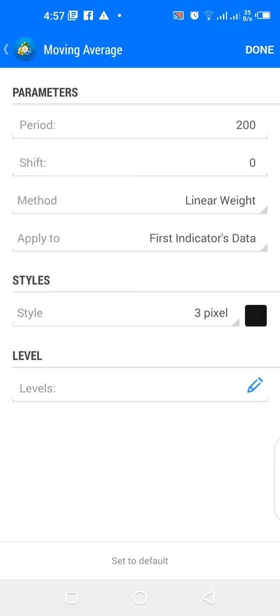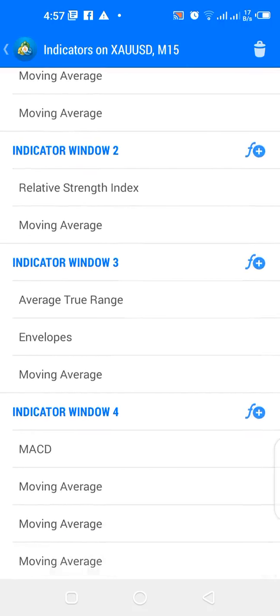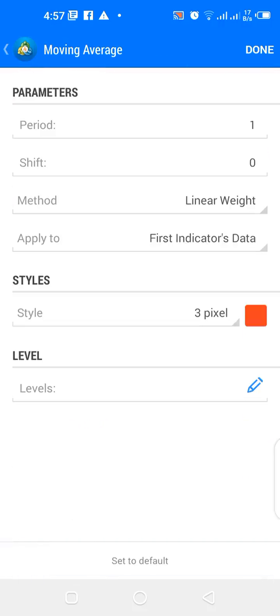Method is linear weighted, applied to first indicator's data, and the color is black. And another one is a 1 period moving average. Method is linear weighted, applied to first indicator's data, color is red.